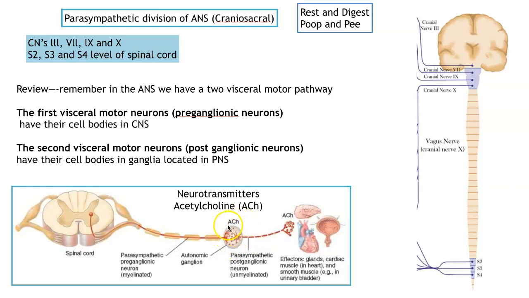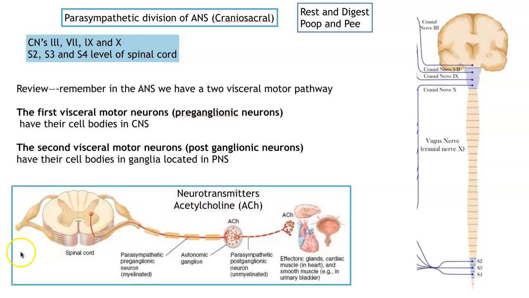And remember, they synapse with the second visceral motor neuron in this ganglia, and release acetylcholine. The postganglionic neuron's nerve fibers will then go to the target organs and release acetylcholine on the target organs. So acetylcholine. This is all review. You should know that.